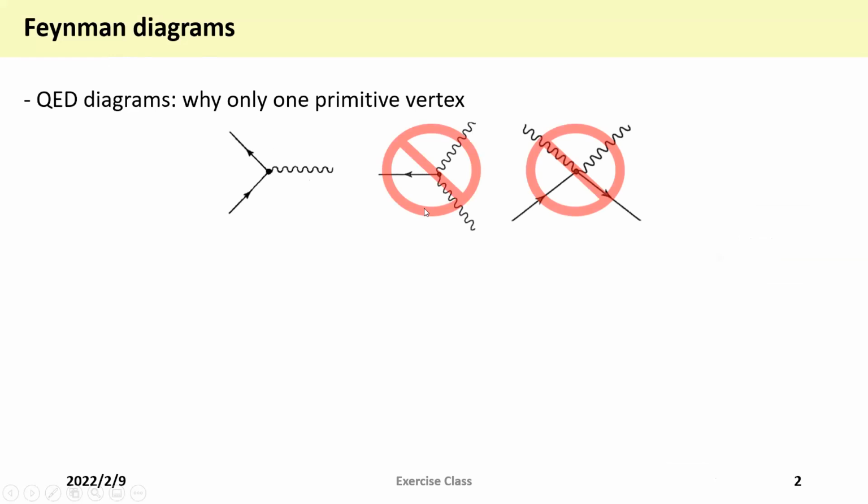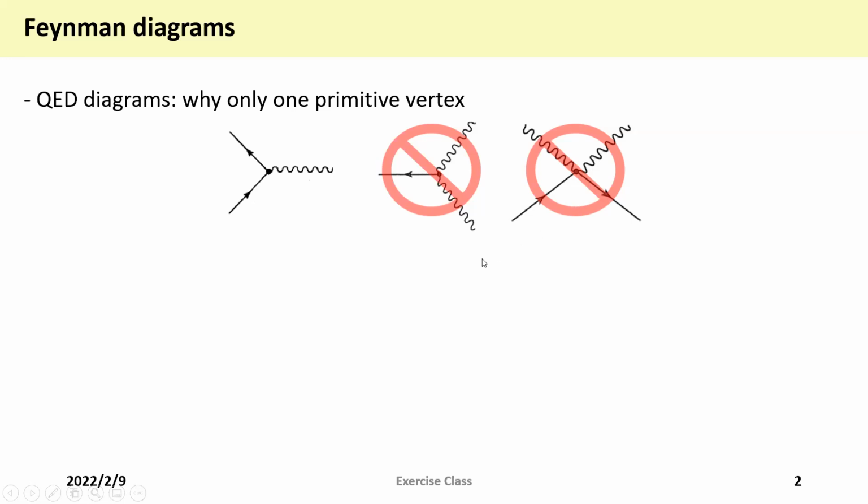Last time I said that other vertices may violate some conservation law, such as charge conservation. But I think that's not so complete, because if you consider this vertex, it seems that it doesn't violate any conservation law, but it is still not a primitive vertex.